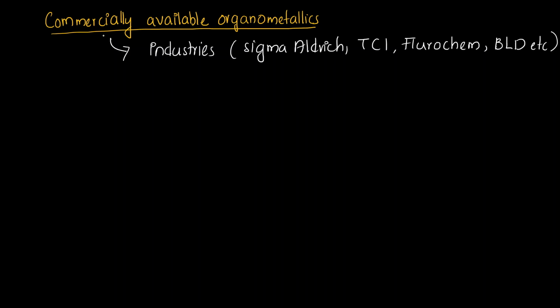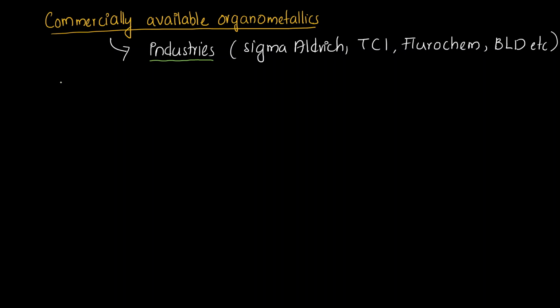I will introduce you to some commercially available organometallics. Commercially available in the sense you can directly buy from industries or pharma companies like Sigma Aldrich, the Tokyo Chemical Industry, Fluorochem or BLD, or many other industries.